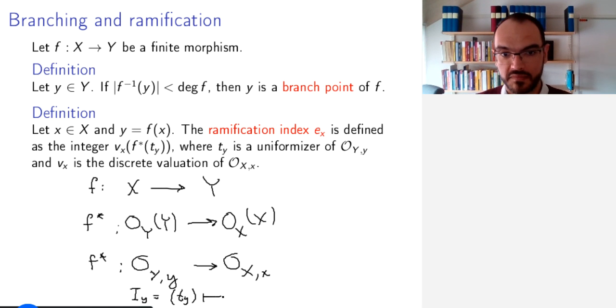And this gets mapped to some unit times the generator of the ideal at x raised to some power that we call e_x. So this is the ramification index.